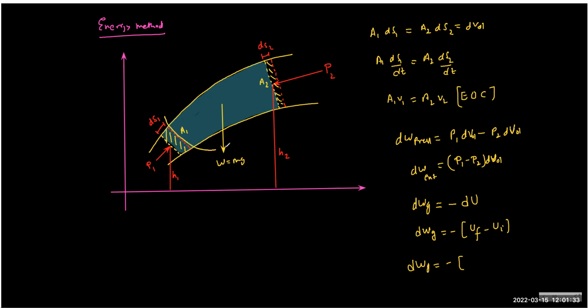This portion before and after will have the same energy, correct? If this portion has energy U1, and this has U2, with the common part U, the final will be U plus U2, and initial is U1 plus U, right?